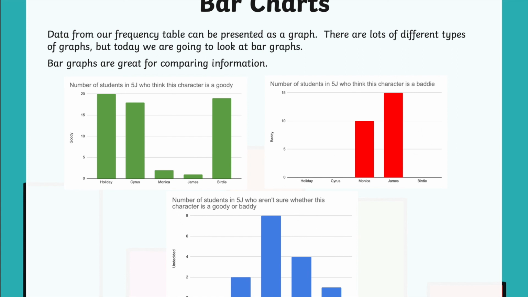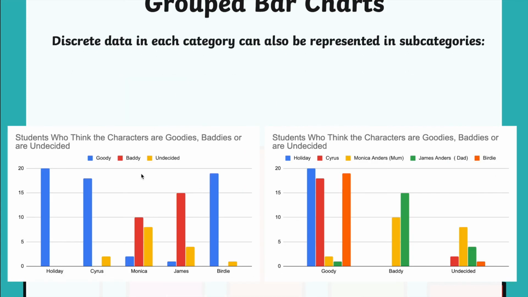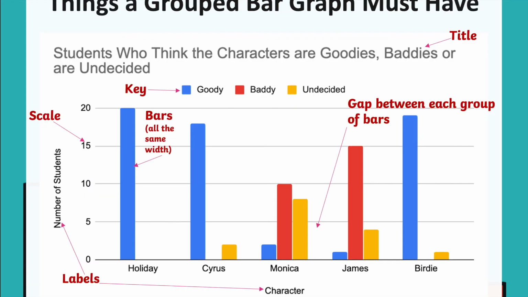And then I also want you to create one grouped bar chart that represents whether people thought each character was a goodie, a baddie, or they were undecided, on the same graph, on one graph.